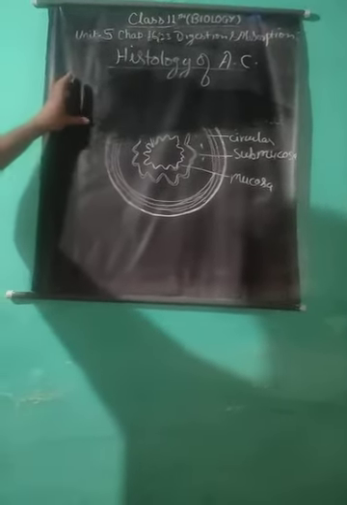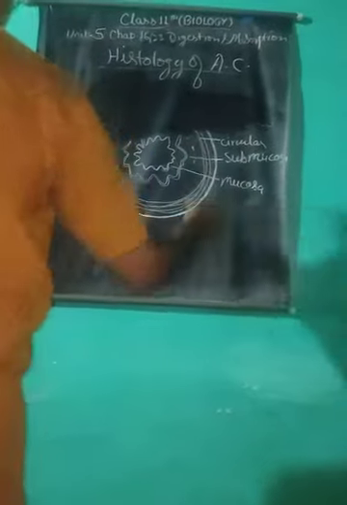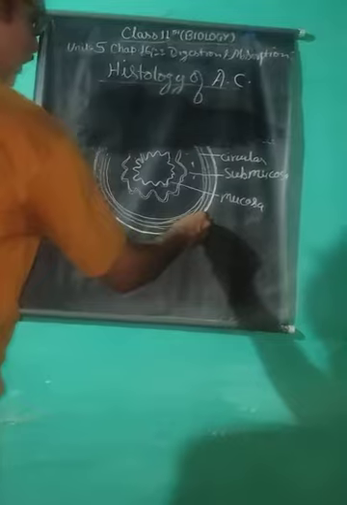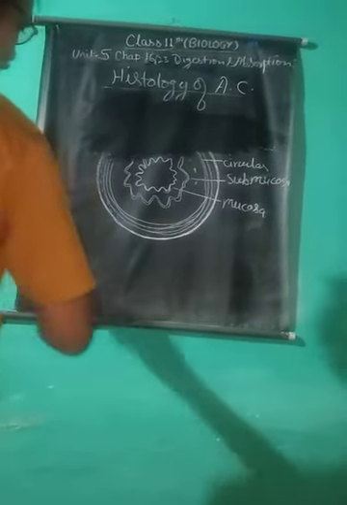Peritoneum lines the abdominal cavity. The part of the esophagus which passes through the chest lacks the outermost serosa layer, but the serosa layer is present in the part of the esophagus which lies below the diaphragm in the abdominal cavity.